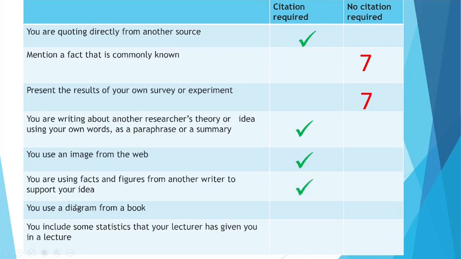Definitely, you need to cite this work. You are using a diagram from a book, also definitely you have to cite it. And you include some statistics from a lecturer that you have attended the lecture with him. Definitely you need to mention and to cite them.